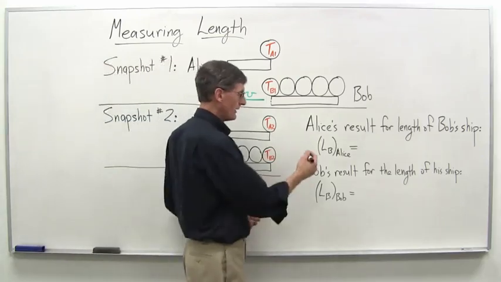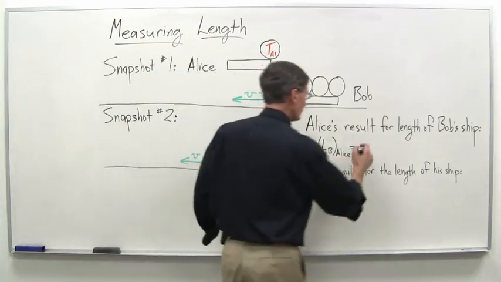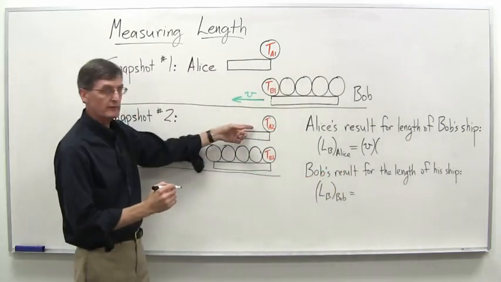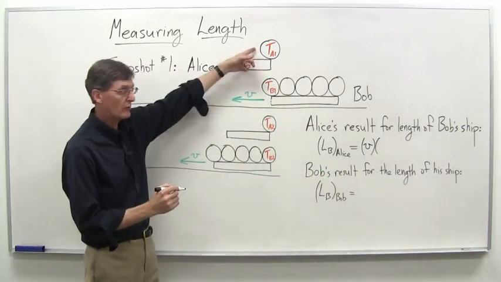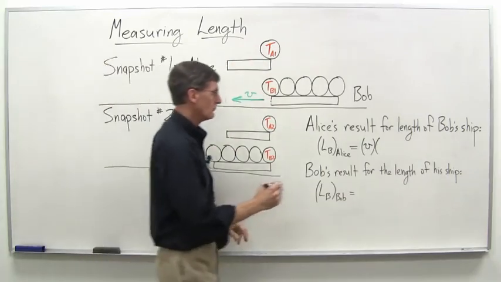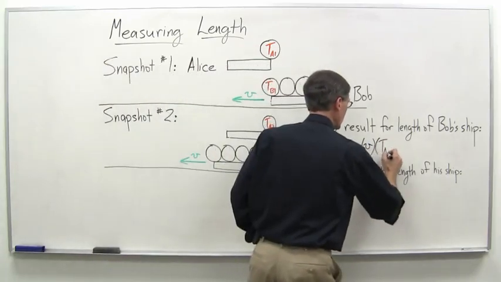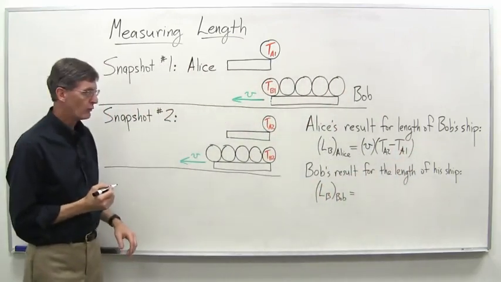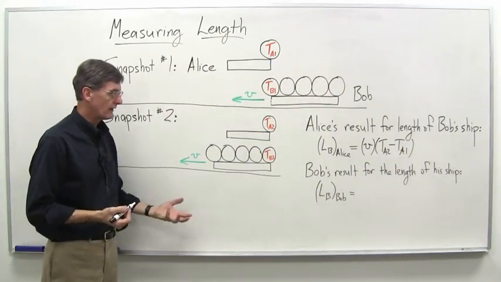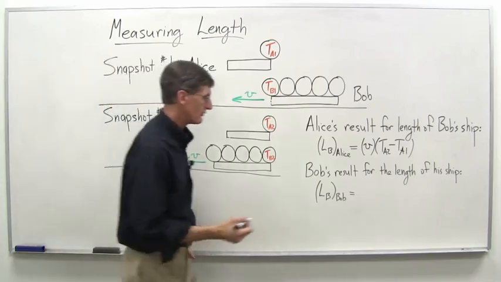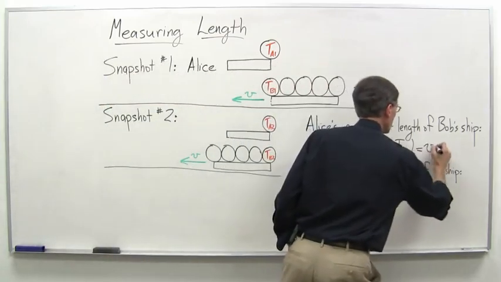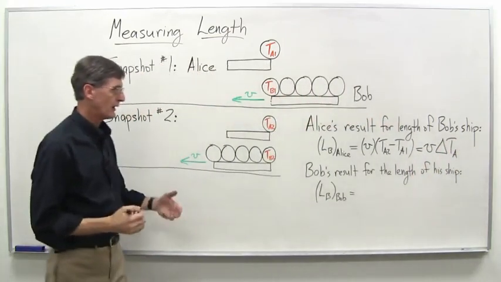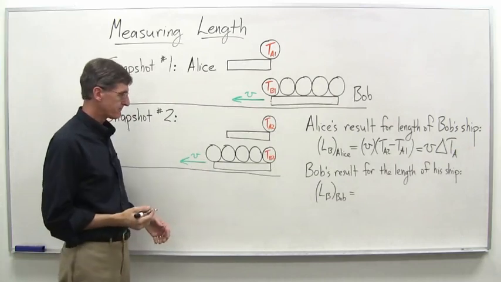So Alice will say, okay, I've got a result. The result is the velocity times the time difference, T sub A2 minus T sub A1, just the elapsed time between those two points on her clock. We'll rewrite that using delta, as we've done before. So this becomes v delta T sub A, the elapsed time on Alice's clock.